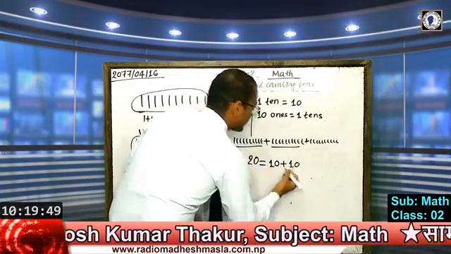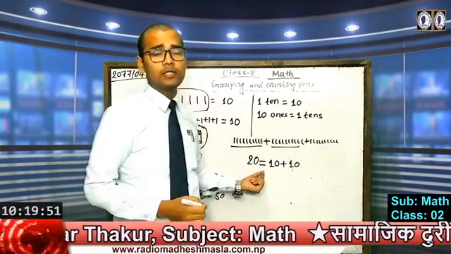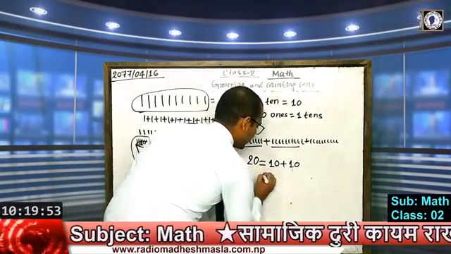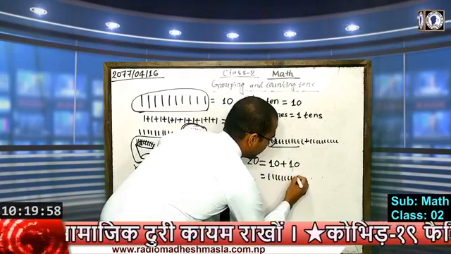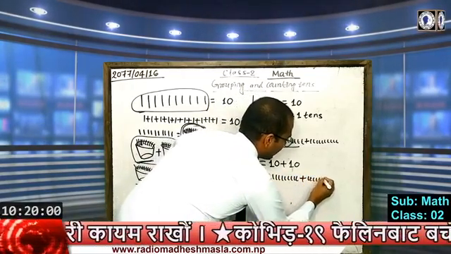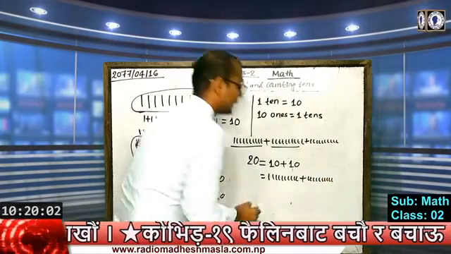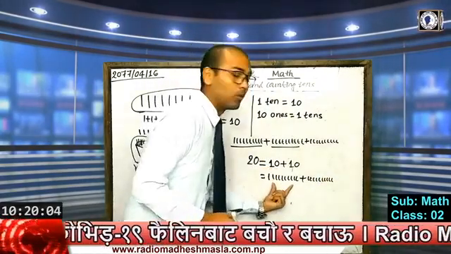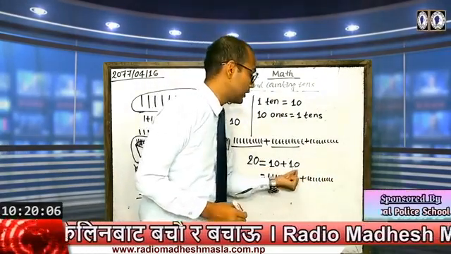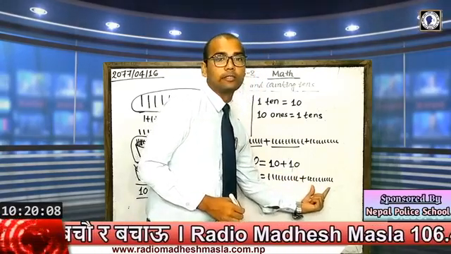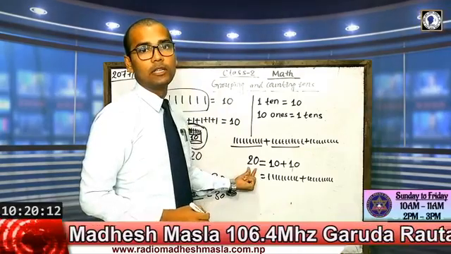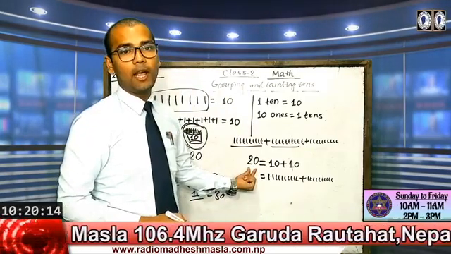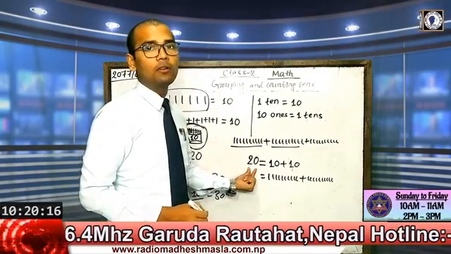And 10 means 1, 2, 3, 4, 5, 6, 7, 8, 9, 10 ones, and another 10 means 10 ones. 10 and 10 make 20. In this way we can make a group of tens.